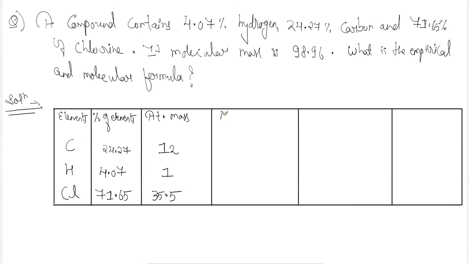Now calculating the mole of atoms present in the compound. So for that, divide percentage by the atomic mass. Here 71.65 divided by 35.5.